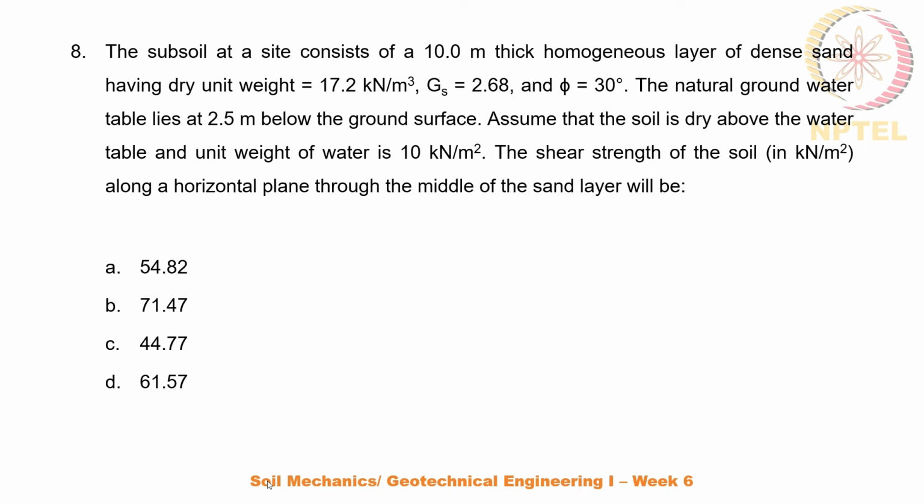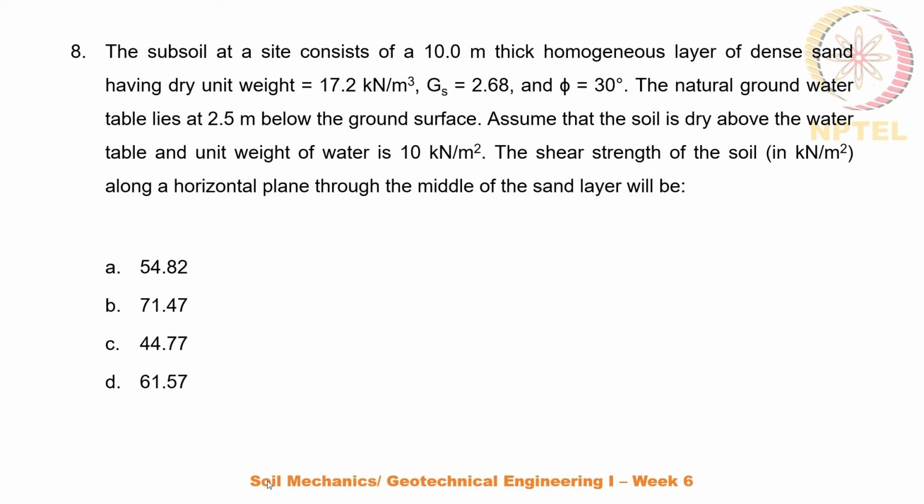So we are given a subsoil with a 10-meter thick homogeneous layer of dense sand. Dry unit weight of the sand sample given is 17.2 kilonewton per meter cube. Specific gravity of the soil sample is 2.68 and angle of internal friction is given as 30 degrees.